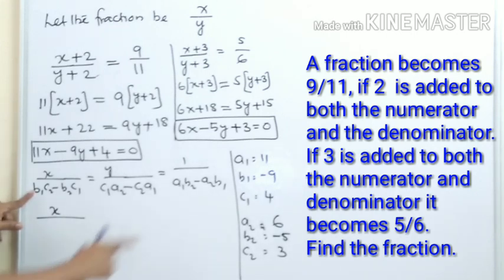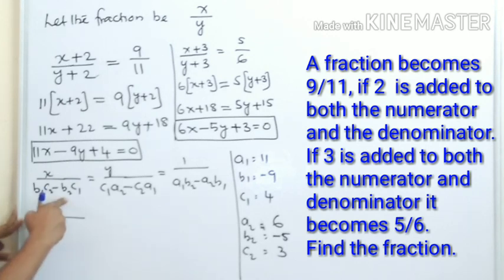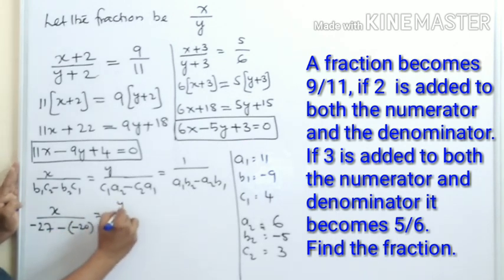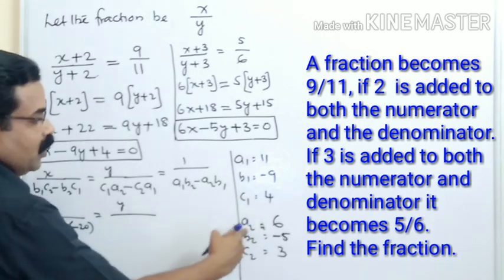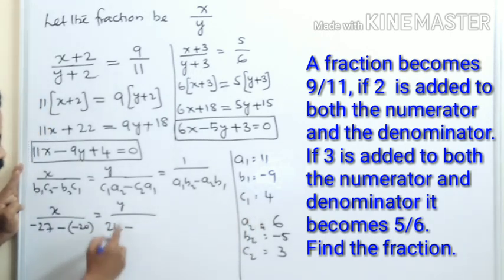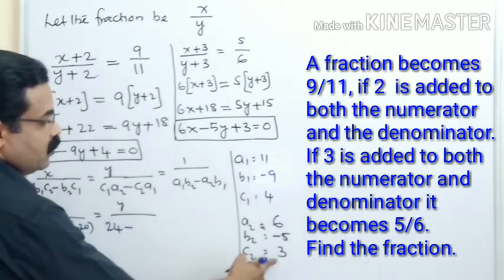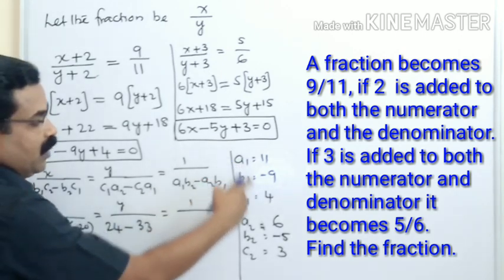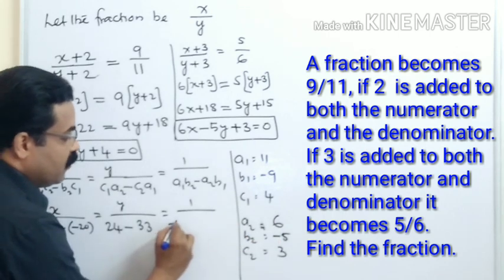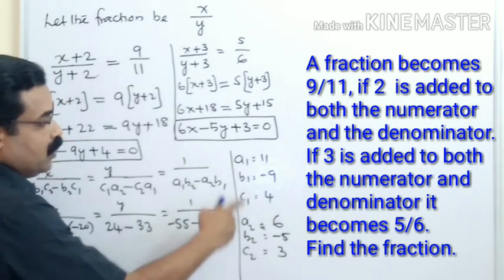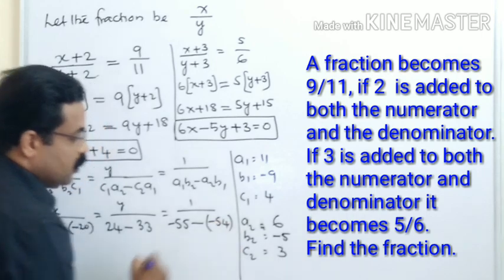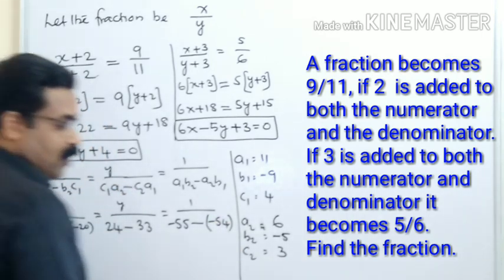So we have b1 c2, minus 9 into 3, minus 27, minus b2 c1, minus 5 into 4, minus 20, is equal to y upon c1 a2, 4 into 6, 24, minus c2 a1, 3 into 11, 33, is equal to 1 upon a1 b2, 11 into minus 5, minus 55, minus a2 b1, 6 into 9, minus 54. So we got this. Now let me remove the top portion.